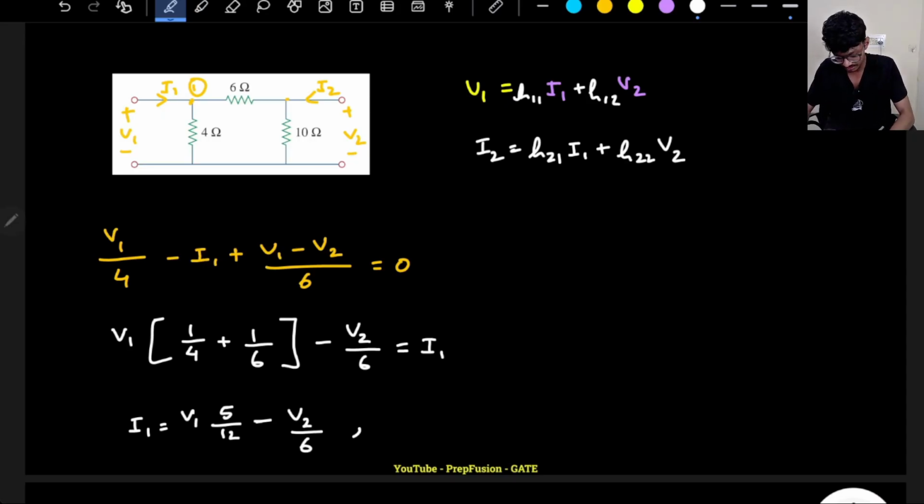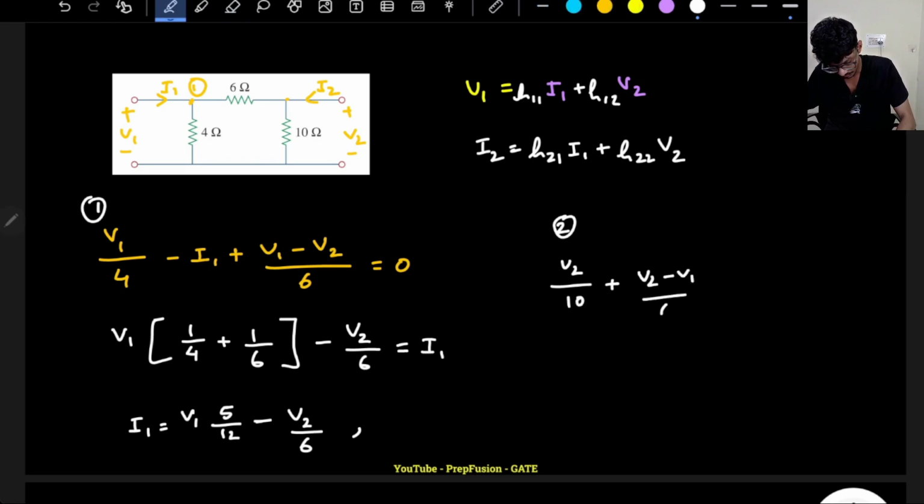So now I can write this second KCL. Second KCL will be V2 divided by 10 plus V2 minus V1 divided by 6 minus I2 equal to 0.